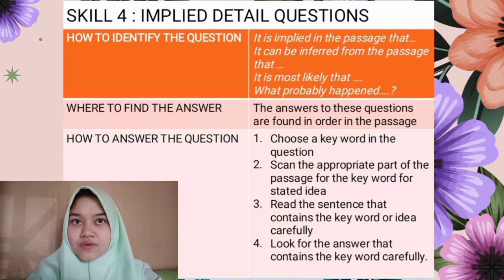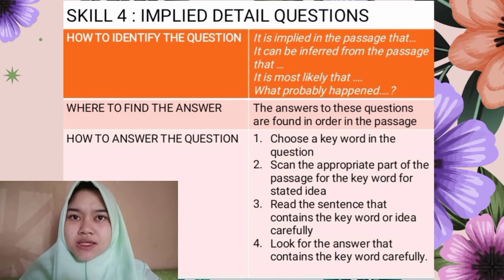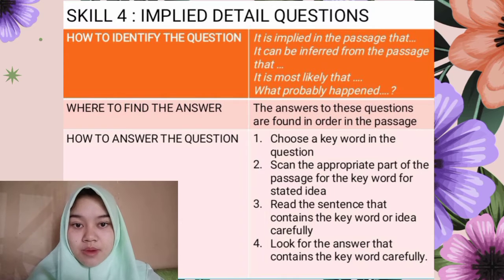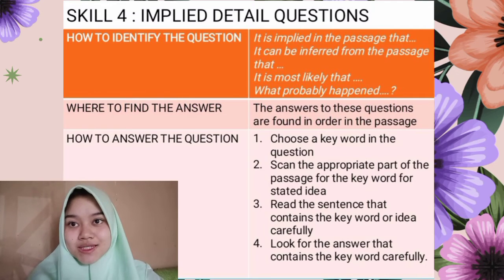If you find questions like: it is implied in the passage that blah blah blah; it can be inferred from the passage that blah blah blah; it is most likely that blah blah blah; what probably happened blah blah blah. What you need to underline is any word about implied, inference, most likely, probably. You should make your own conclusions.